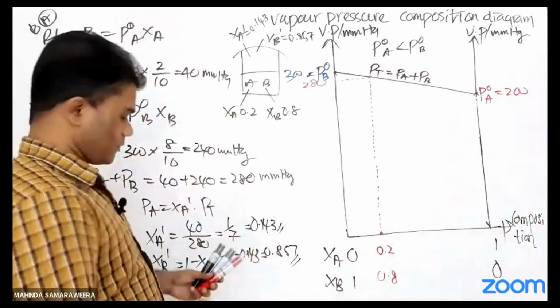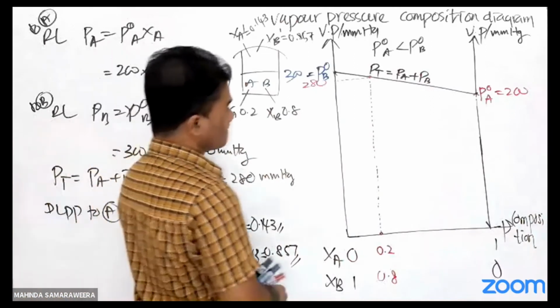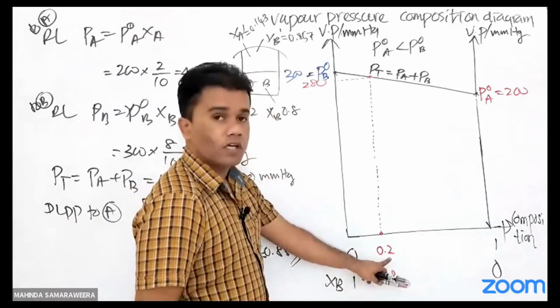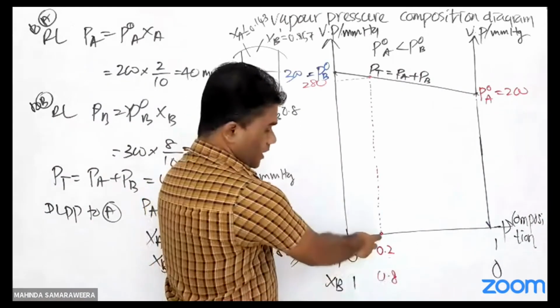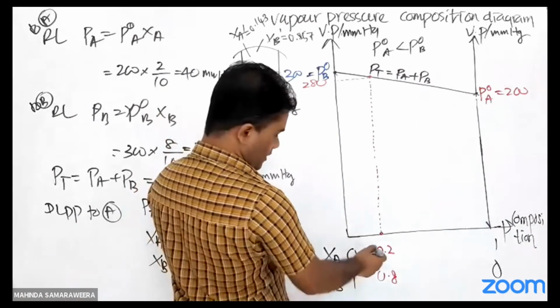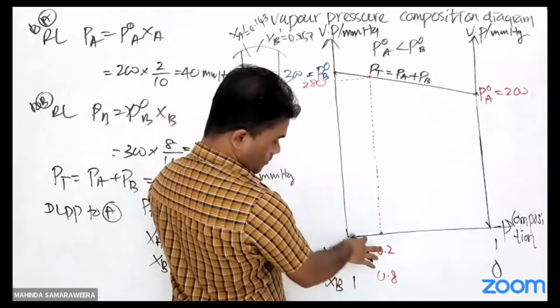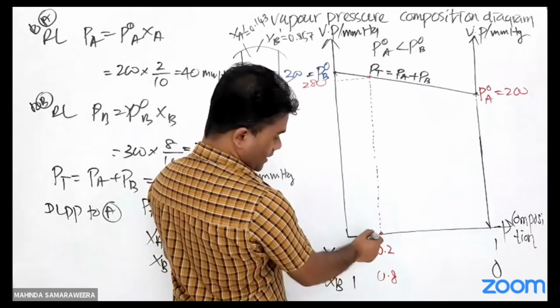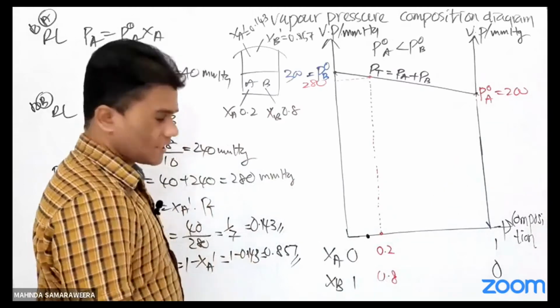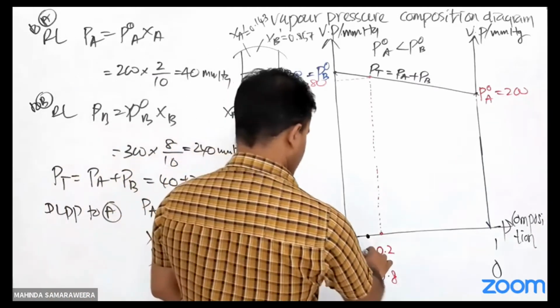Now look at this, 0.143. Where is 0.143? If this is 0.2, 0.143 should be before 0.2. Let's take this point. This is 1, then this is 0.1, 0.143. That's 0.143.